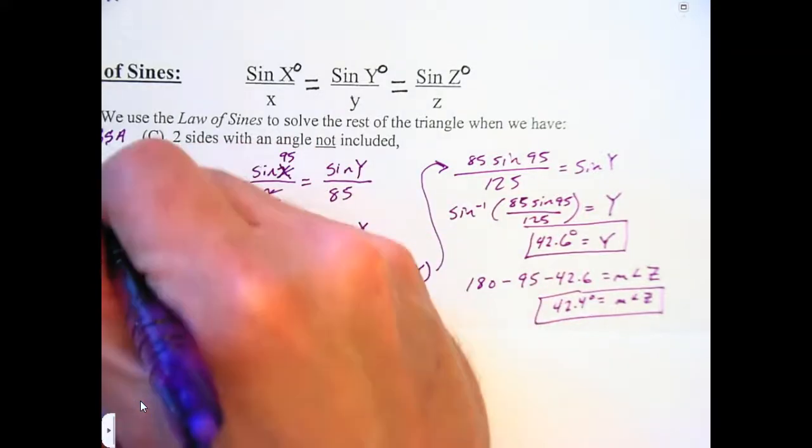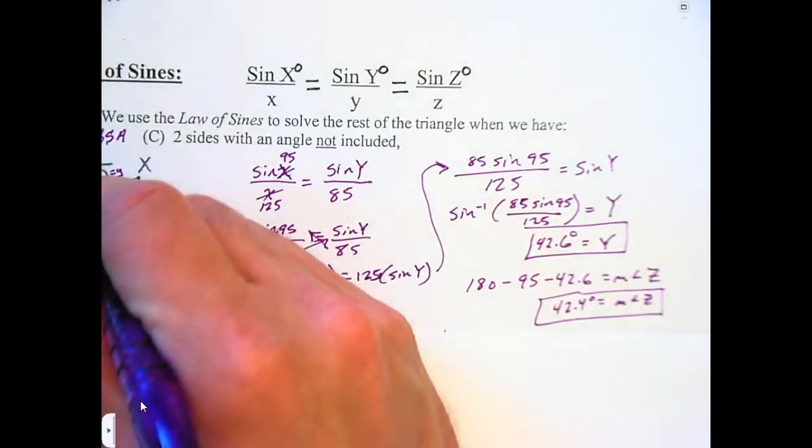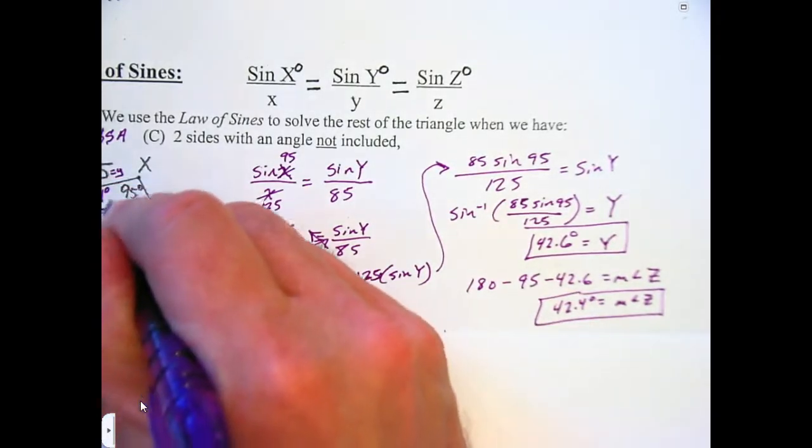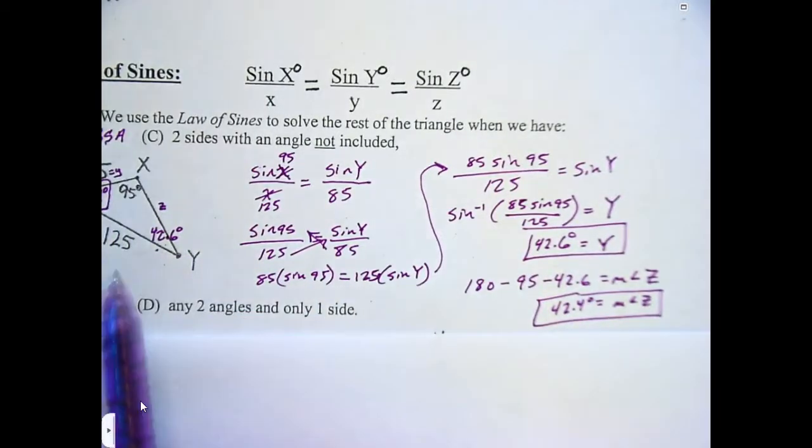All right. We have one piece left. That is side Z. Now this is a rounded value. However, this is one case where we're going to use that rounded value. It's just a much easier piece to put in.